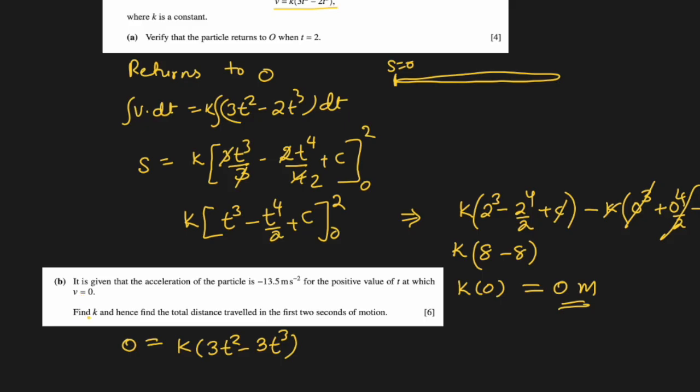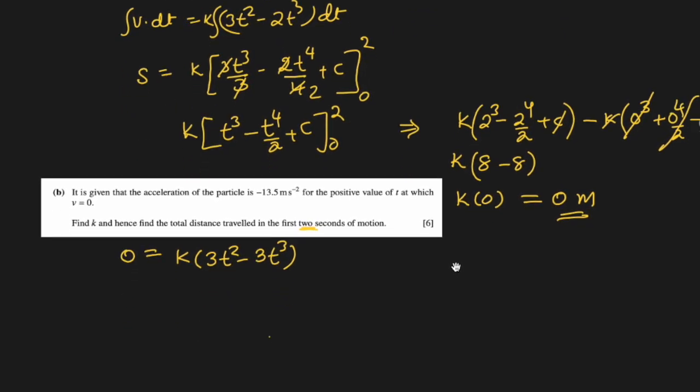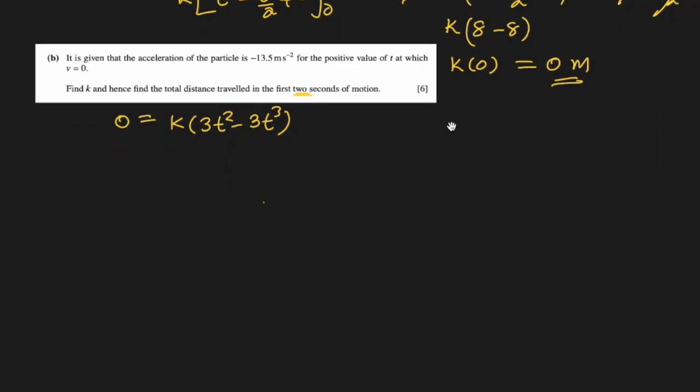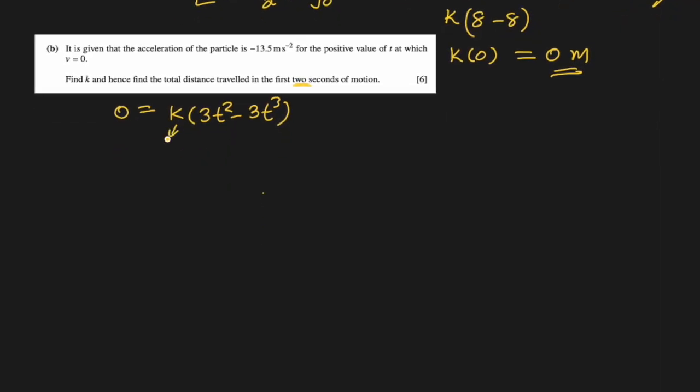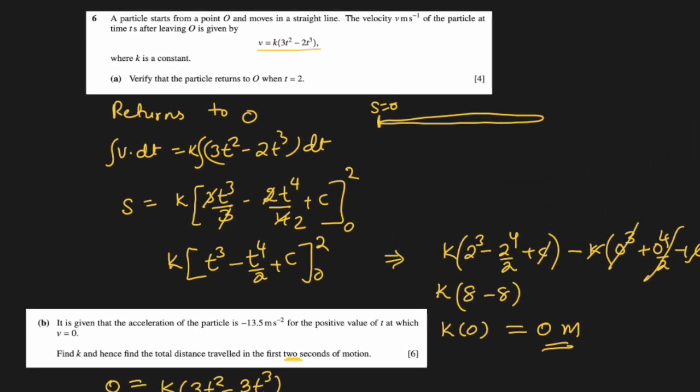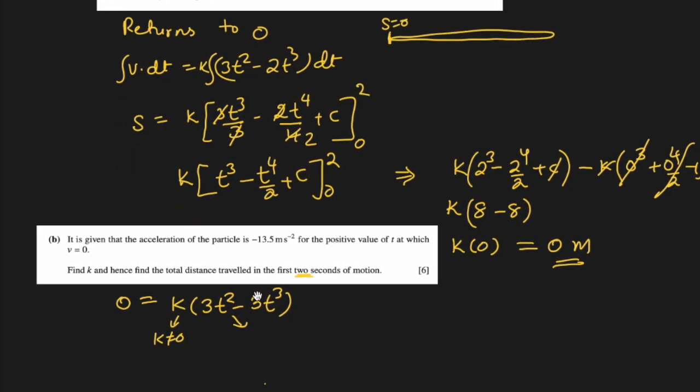So hence find k, and total distance traveled in the first 2 seconds. Okay, so first we have to find the time when v is equal to 0, and then we'll find acceleration for that. Alright, so k cannot be 0, it is a constant, so only this is the one. So it is 3t square minus 2t cube.